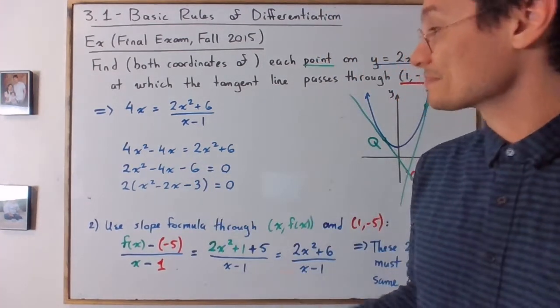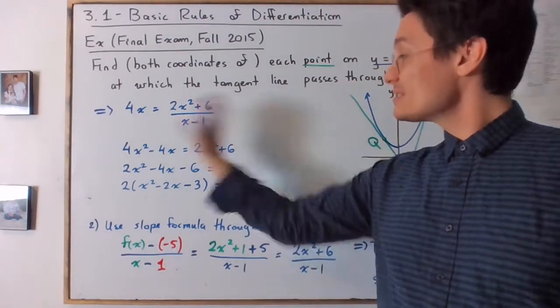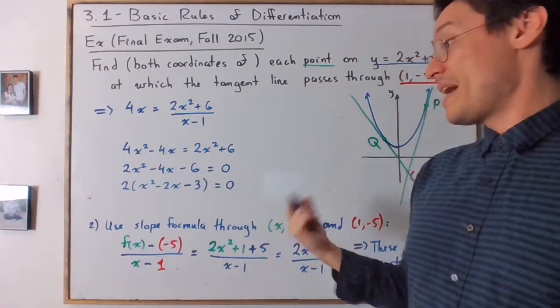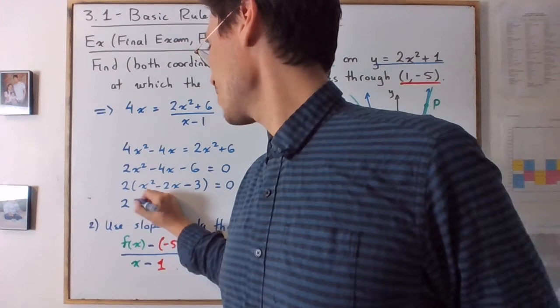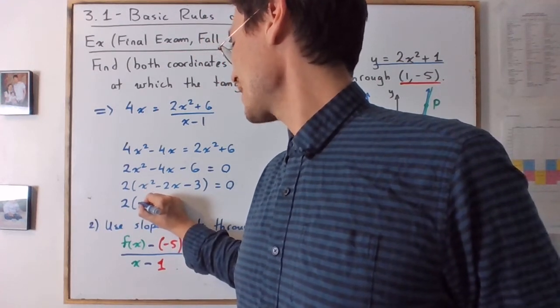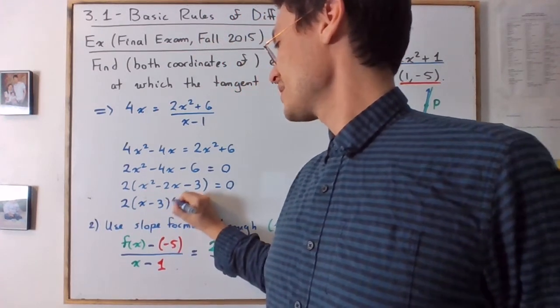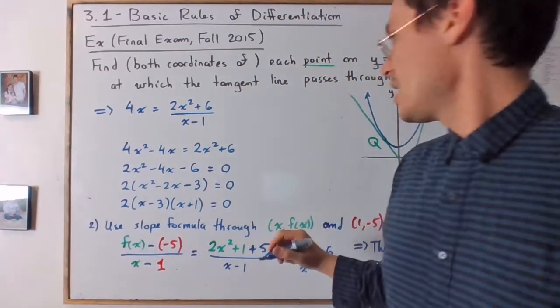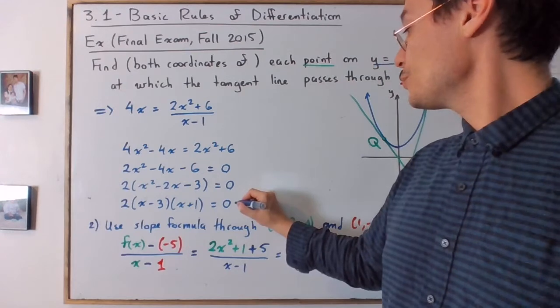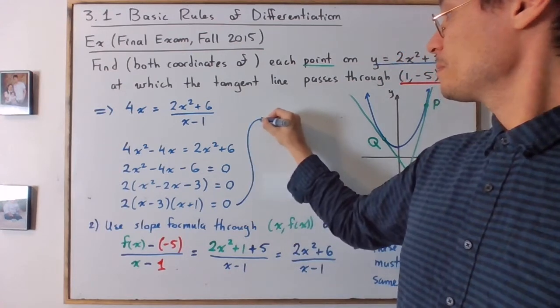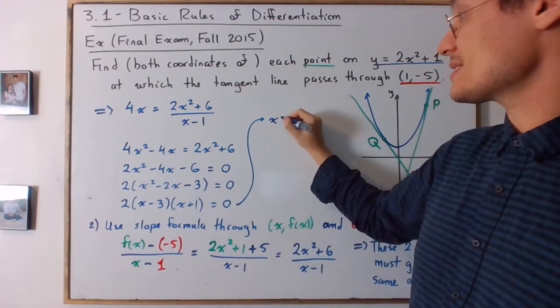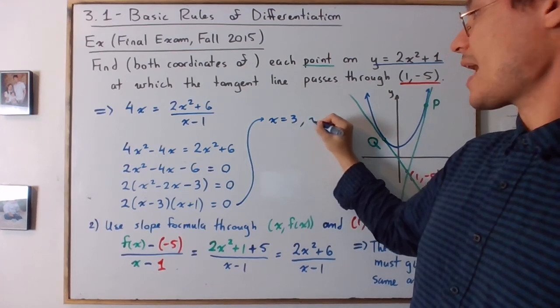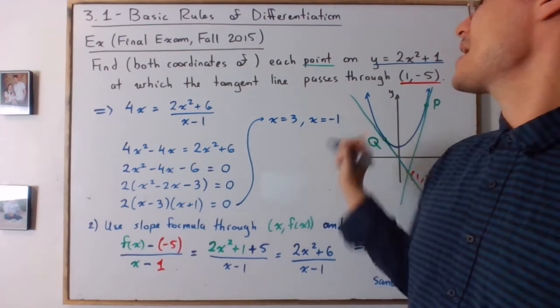Sorry about that. So send everything to the other side. Then factor, right? So you have here 2 times x minus 3 times x plus 1 is equal to 0. And it finishes with x equal to 3 or x equal to -1.